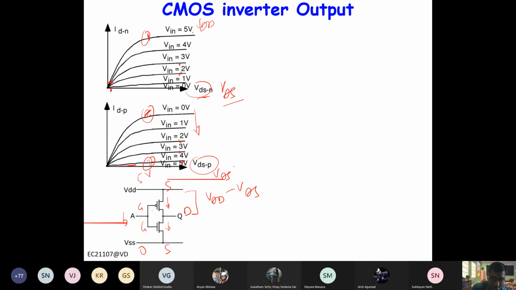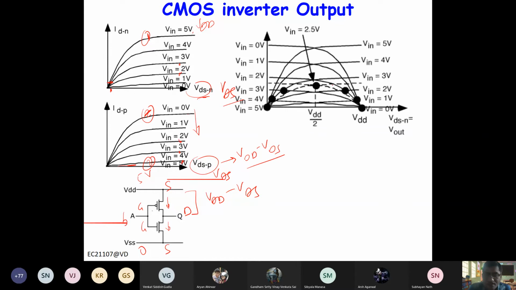So if this is VDS, this will be VDD minus VDS, right? So you can plot them opposite to each other, and their intersection point will give you the output voltage, right? So this is the input voltage for each curve, and the output voltage will be given by this VDS. At 2.5 is supposed to be VDD by 2.